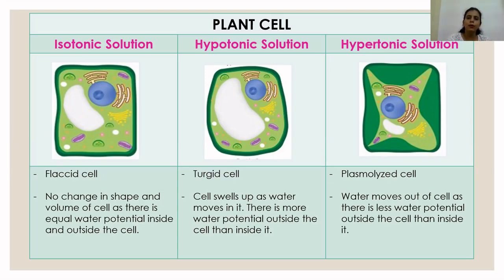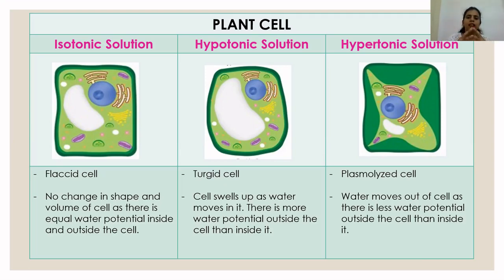As there is no excess amount of water molecules, obviously there will be no turgor pressure inside the flaccid cell. So the only difference between a turgid cell and a flaccid cell is that in a turgid cell we have turgor pressure due to the presence of extra water molecules, but in a flaccid cell this turgor pressure is lost. Remember, a flaccid cell doesn't mean the water molecules are lesser in number.